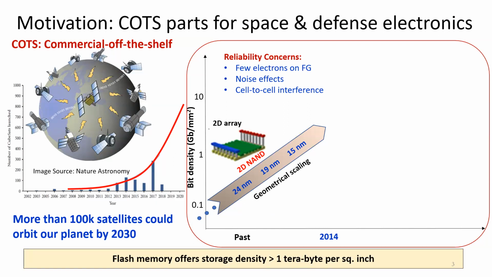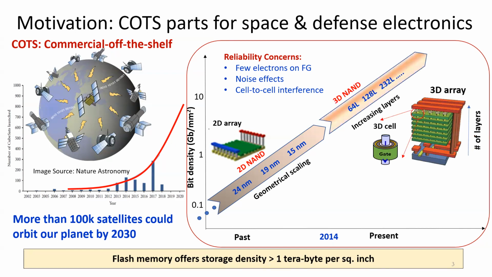And then the industry switched to a newer direction, which is called 3D NAND, where a number of vertical layers were grown vertically in a monolithic fashion. Now, the scaling direction has not changed. Now it is the number of vertical layers, and currently 232 layers are also available commercially, all grown in a monolithic fashion.